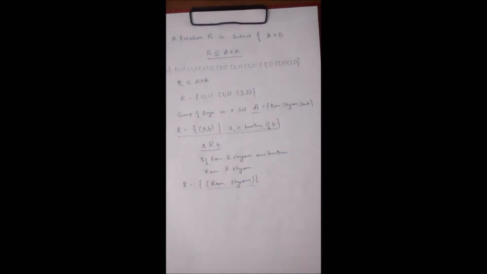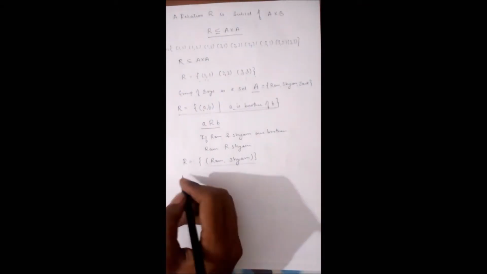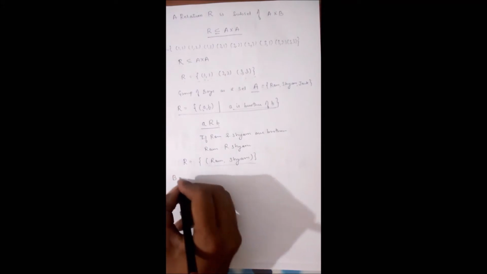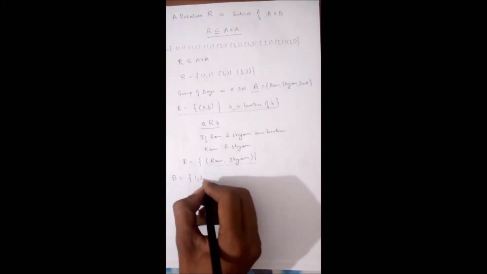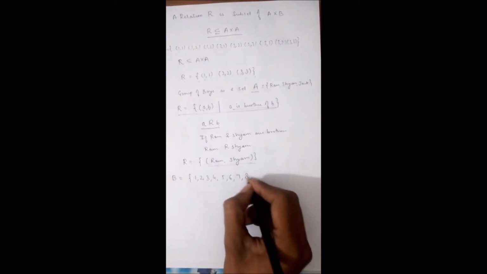Now relation can also be given in mathematical terms, like a condition, an equation that needs to be satisfied. We take another example. We suppose B is my set with elements 1, 2, 3, 4, 5, 6, 7, 8.